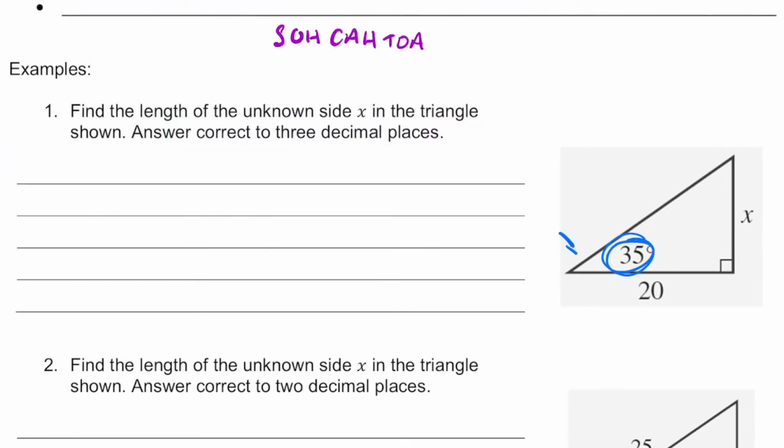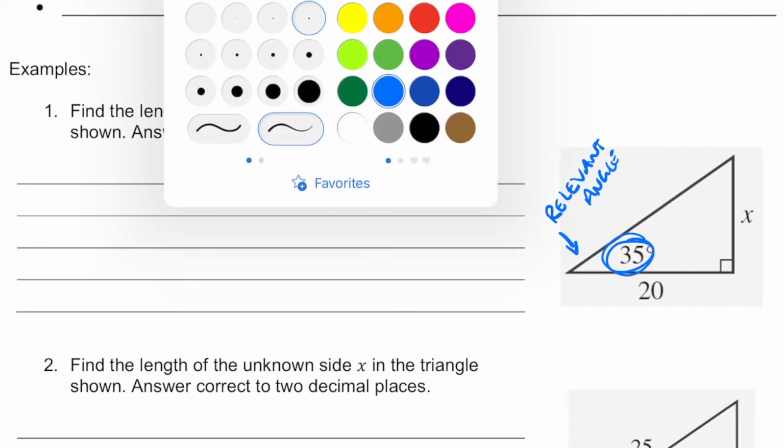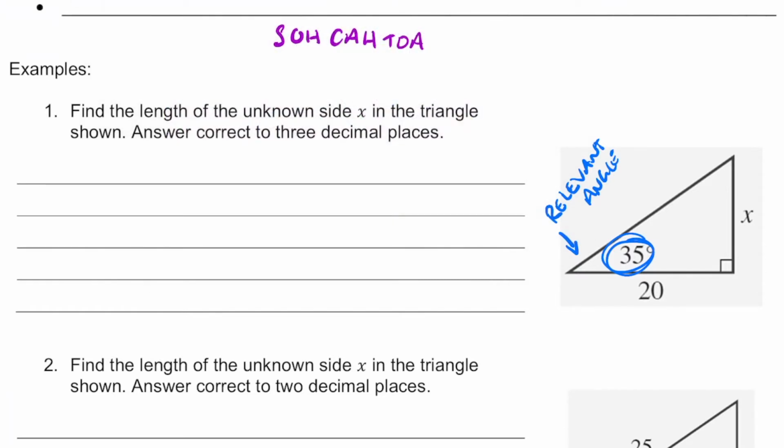So this is our relevant angle, so that's the one that we're going to take all our information from. Here's our right angle, which makes this line over here the hypotenuse. Okay, and then based off the angle that we have our adjacent side, which is the one next to it, and then our opposite side.